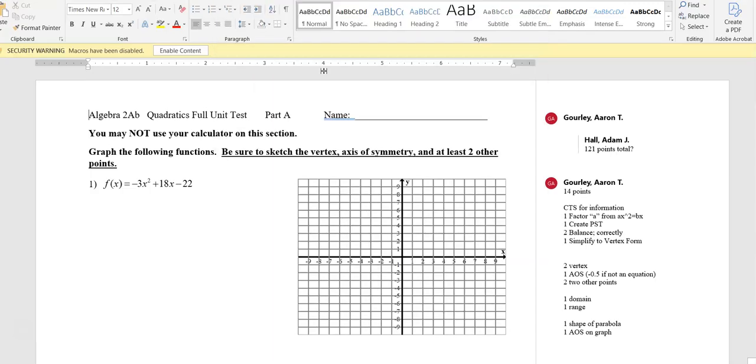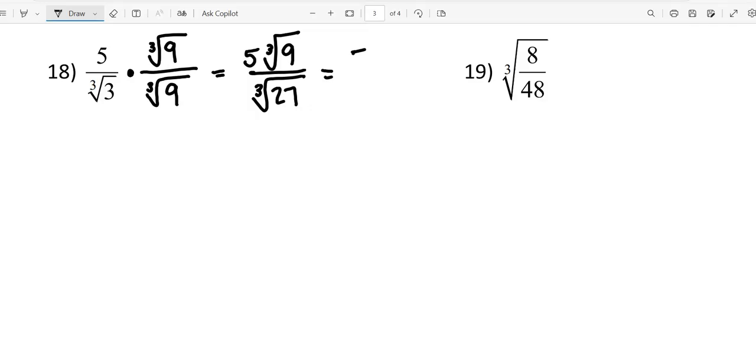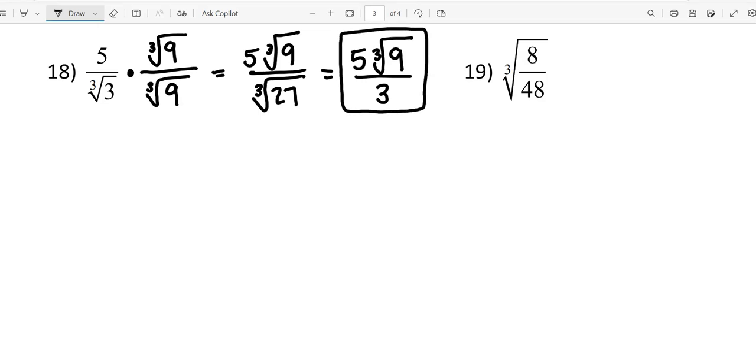This will be 5 cube root of 9 over 3. Cube root of 9 could not be simplified. The 3 on the bottom is rational, so we're done. Also, you can't divide 5 and 3 by a common factor, so that means we're really done.